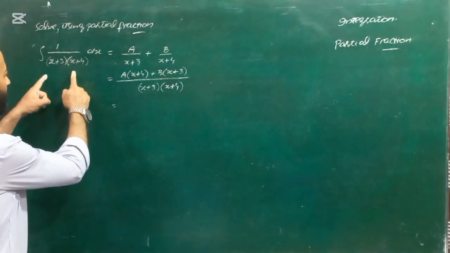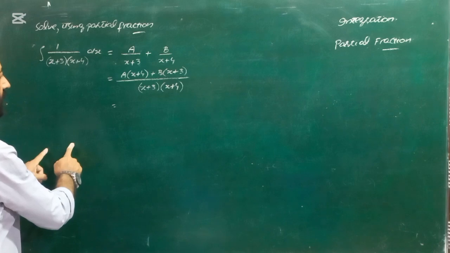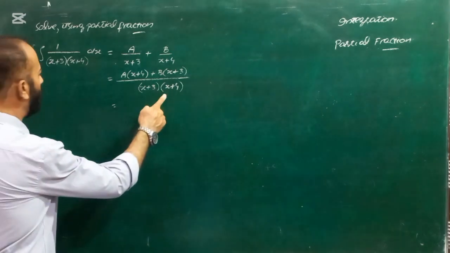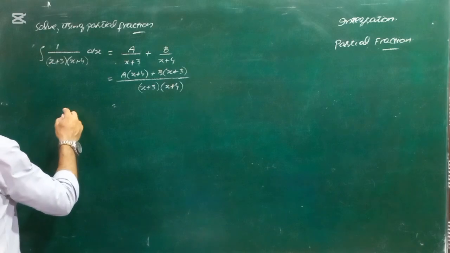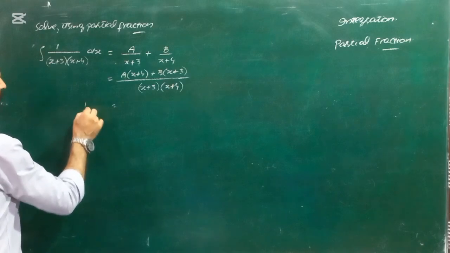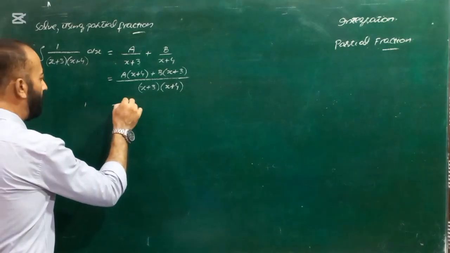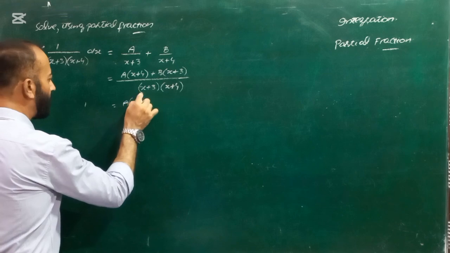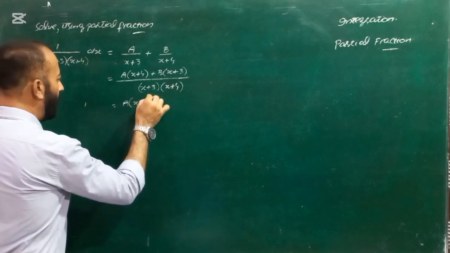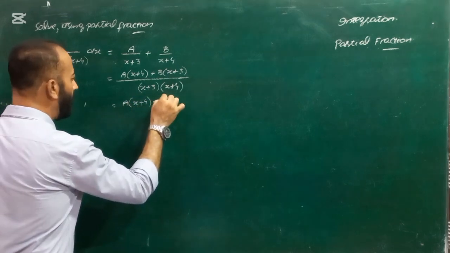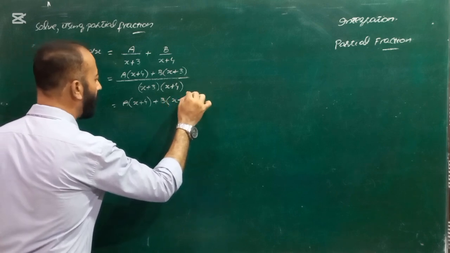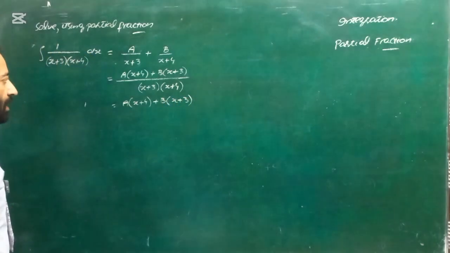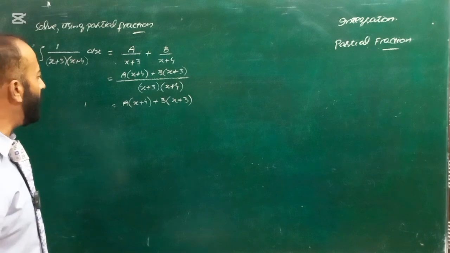On the left hand side this thing is coming as it is. So now the denominator of both sides will be cancelled, and on the left side will be 1, and on the right side will be a into x plus 4 plus b into x plus 3.